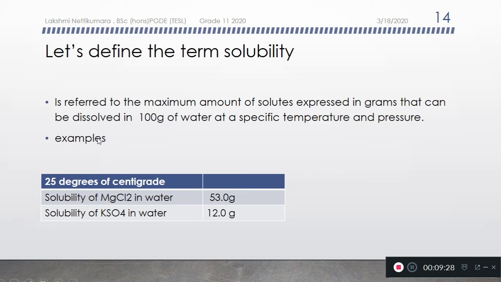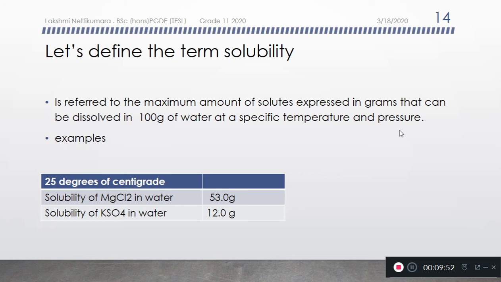Solubility is referred to the maximum amount of solute in grams that can be dissolved in 100 grams of water at a specific temperature and pressure. Here you have to know that 1 milliliter of water weighs 1 gram.